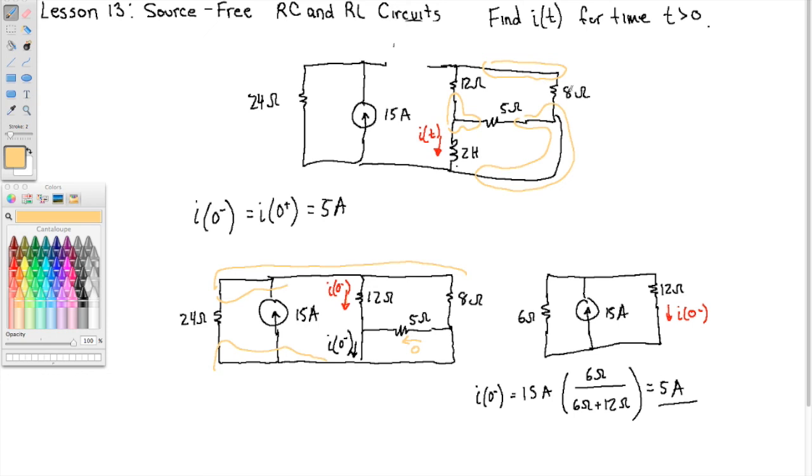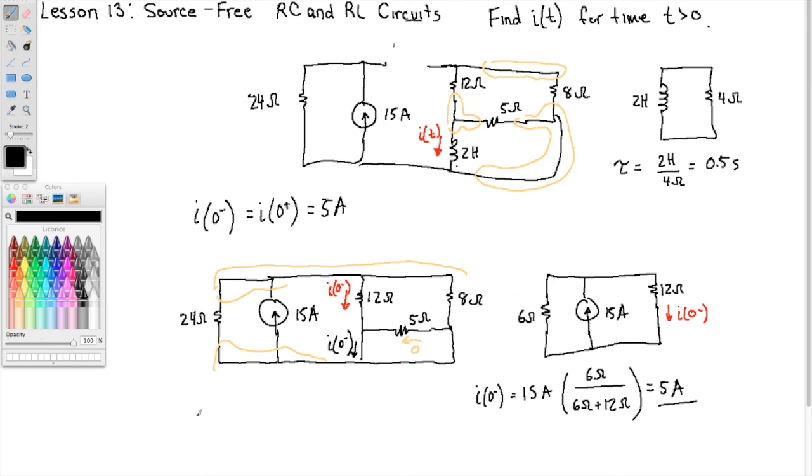The 12 and the 8 are in series now because this is open. So that makes 20, and that 20 is in parallel with the 5, so that makes 4. So we can redraw the right part of this circuit like this. Okay, now it should be clear that the time constant is 2 Henry over 4 ohms, or 0.5 seconds.